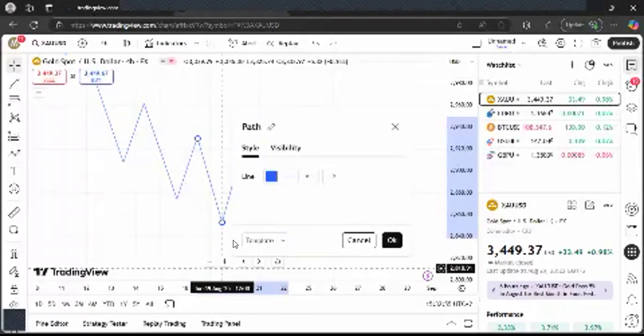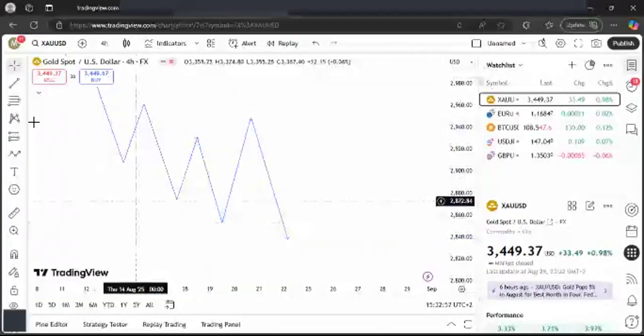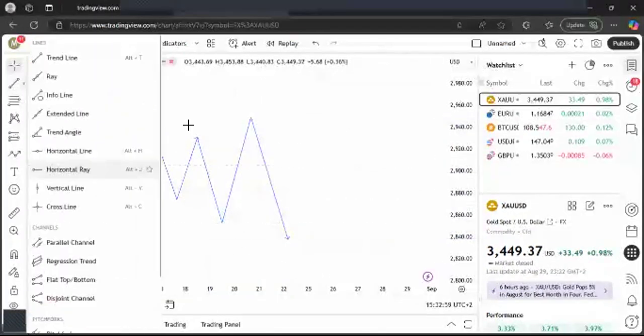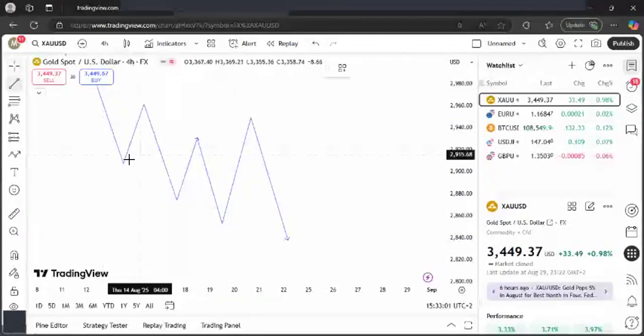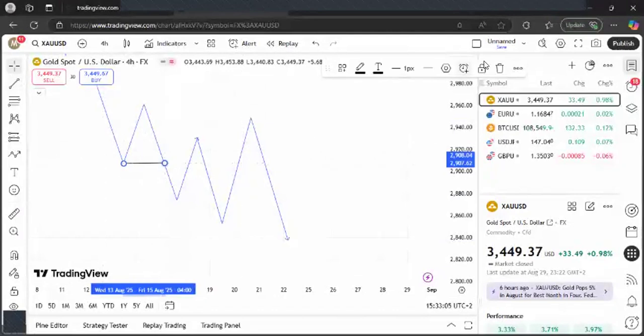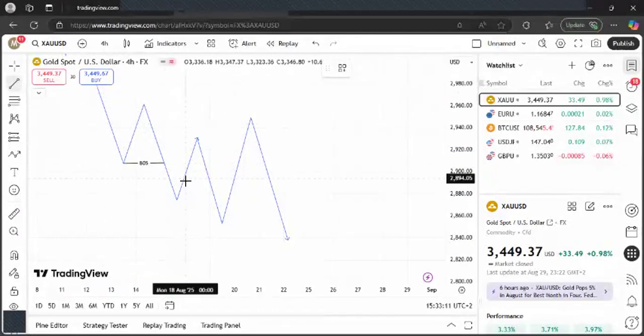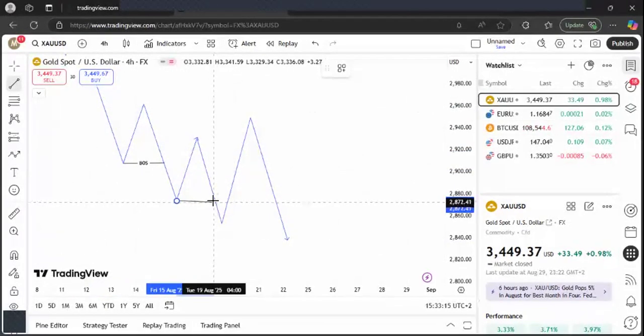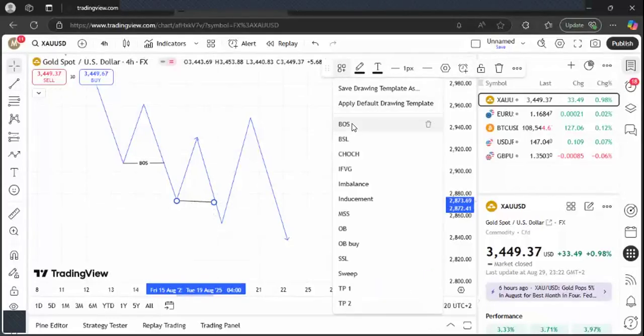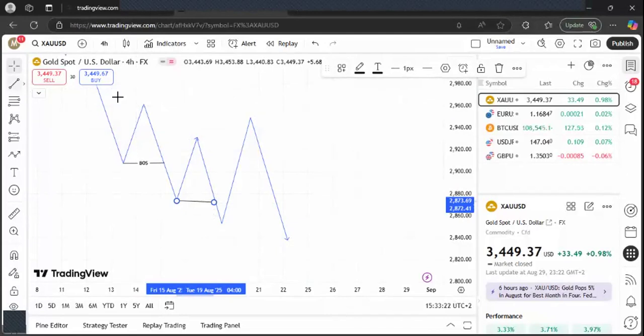What happens then? From there, my theory at first was it's two change of characters, but that wasn't the case at all. Okay, it changes structure right here.